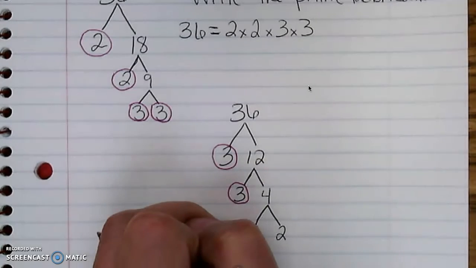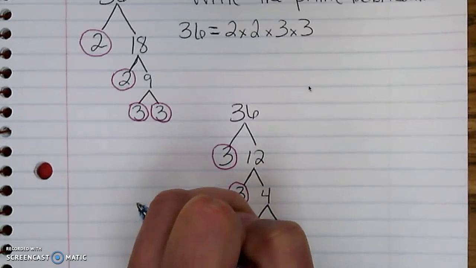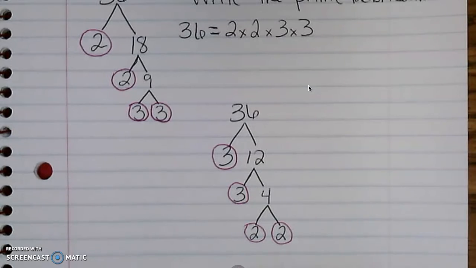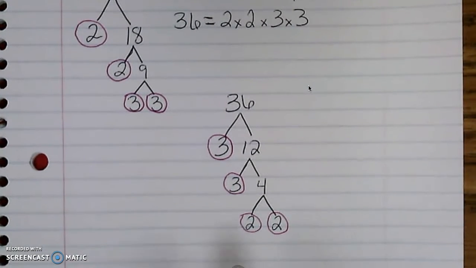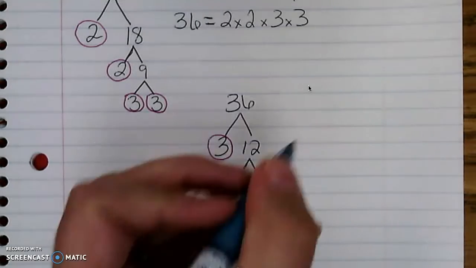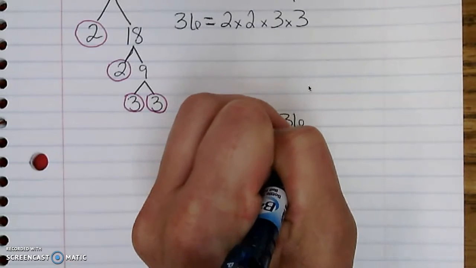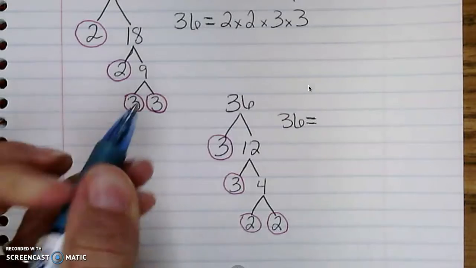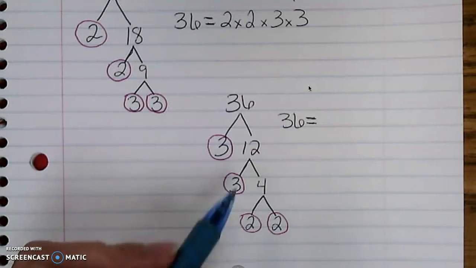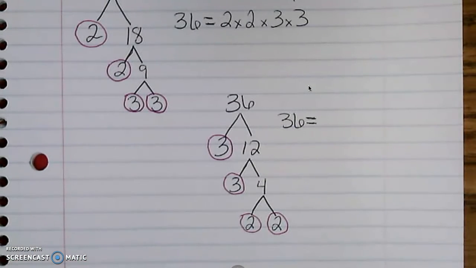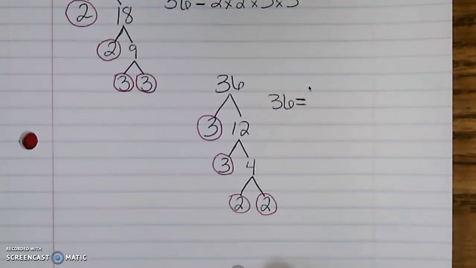Those 2s are both prime numbers, so I'm going to circle those. And then here I am again. I have all of my branches end in circles, which means that I have finished. And when I write out the prime factorization of 36, after I've started with 3 times 12, I still have to go back and write them in order from least to greatest.